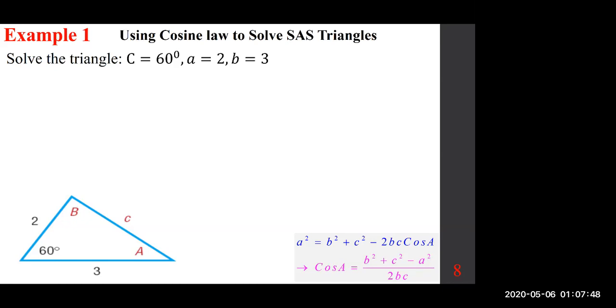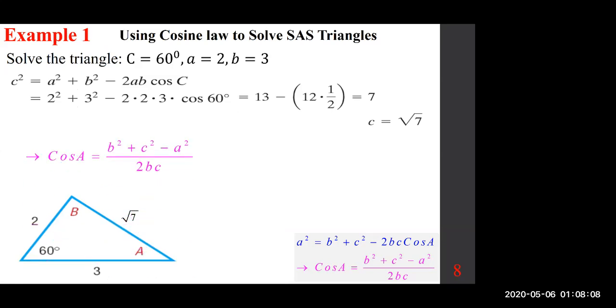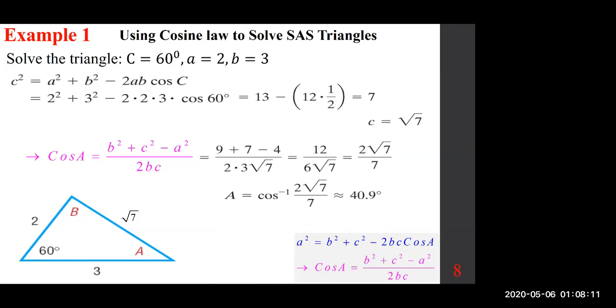And so how do we know this is the included angle? Because of the way we name the sides and the angles. And so we used the cosine law to solve for c, and then the rest follows. Whether we use cosine again or not, you have a lot of choices.